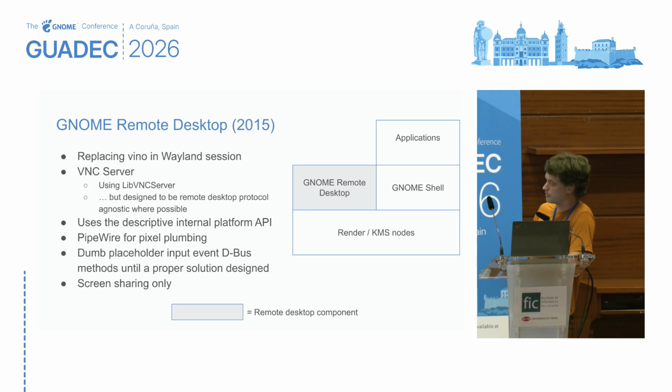It was, from the get-go, designed in a way to make it possible to add additional protocols by trying to make anything that is not tied to the actual remote desktop protocol outside of it. It used the dedicated internal platform API that I touched on briefly before. Pixel plumbing was all done through PipeWire, but the input was still based on these D-Bus method calls, and was also only ever screen sharing.